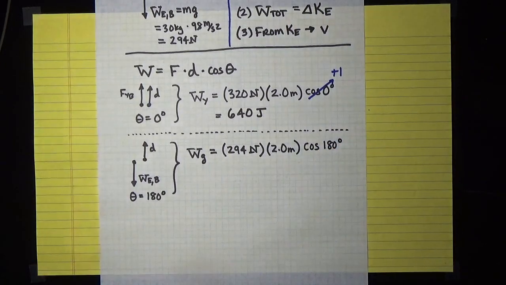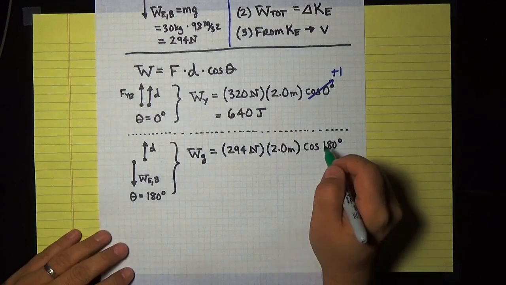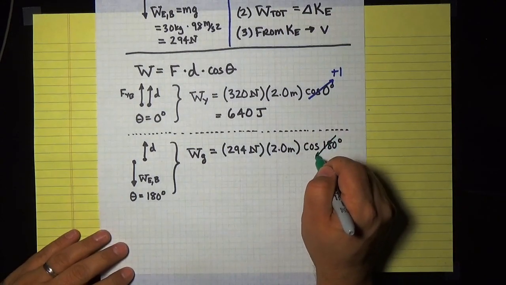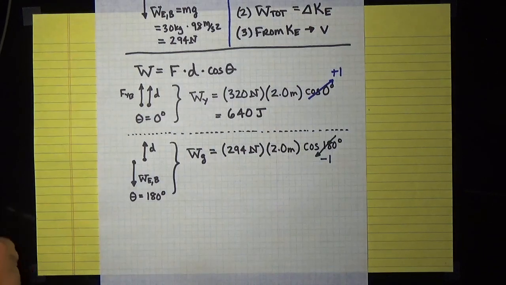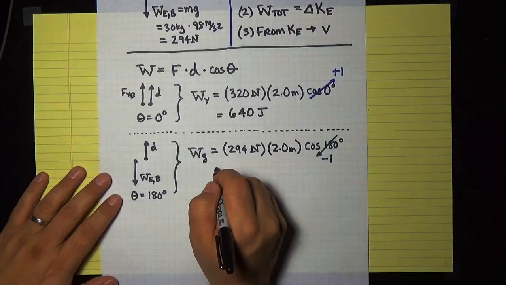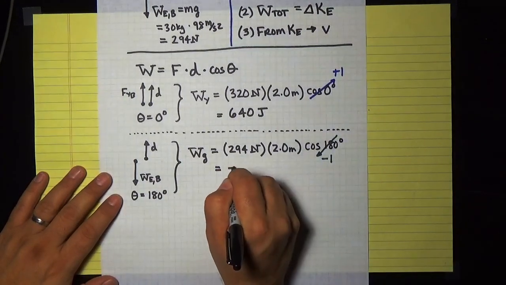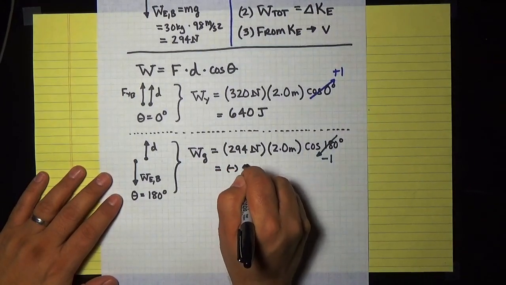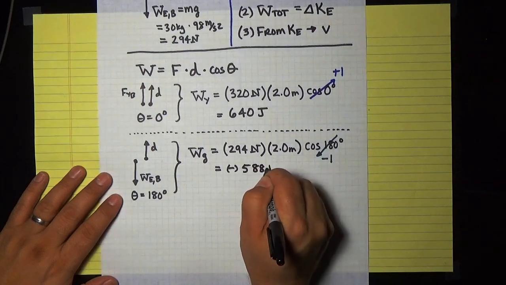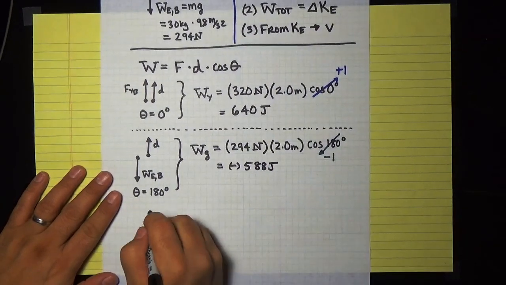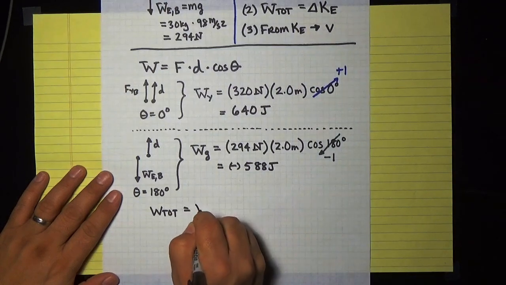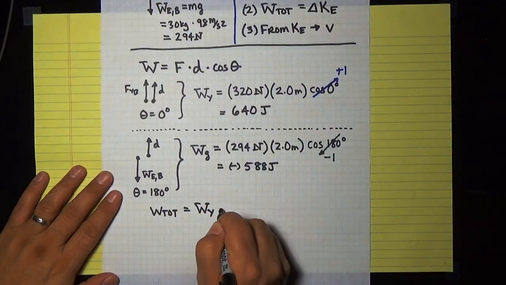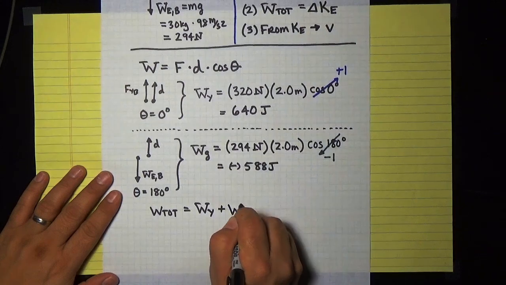And what we see there is that the cosine of 180 degrees is -1. That will play an important role here as we go on. And so the work done by gravity in this case is minus 588 joules.